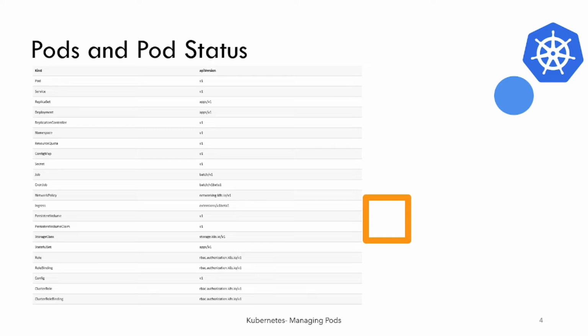Pods can be created using an imperative way and a declarative way. The imperative way is where we create a pod using commands, but sometimes it's not feasible to create a pod using a command, because if there are many options that need to be provided, the declarative way can be used instead.